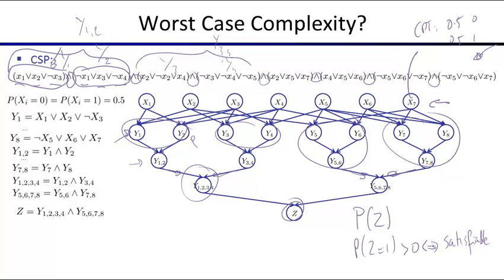If it is satisfiable, then there will be some non-zero probability for Z to take the value of 1. Why? All combinations have non-zero probability, and so one of these combinations leads to Z having non-zero probability of 1.